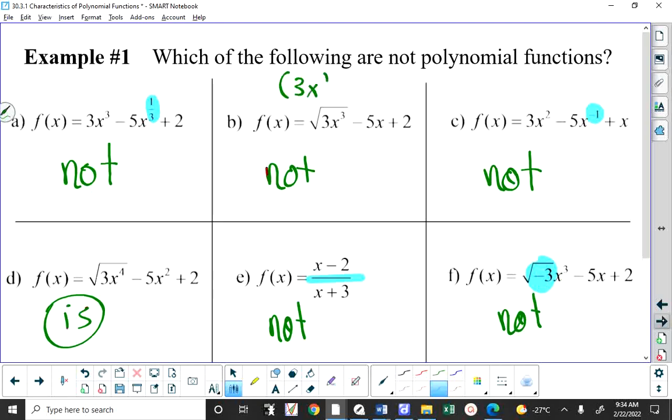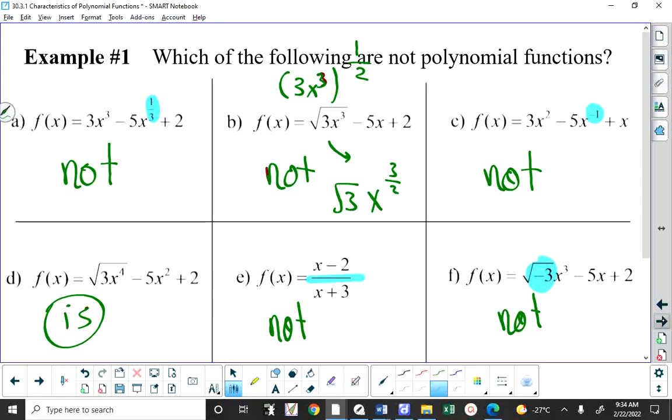If we take the square root to mean an exponent of a half, which is what it means, and we apply it to that x, you're going to end up getting root 3, and then you're going to have x to the 3 halves, but 3 halves is not a whole number.